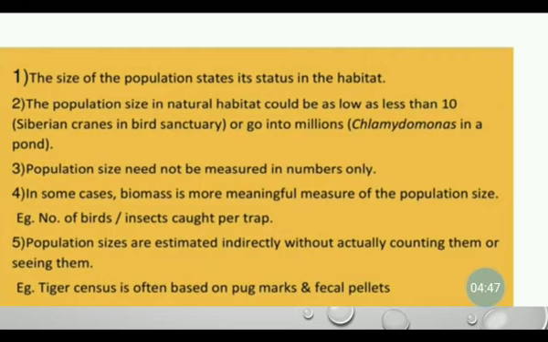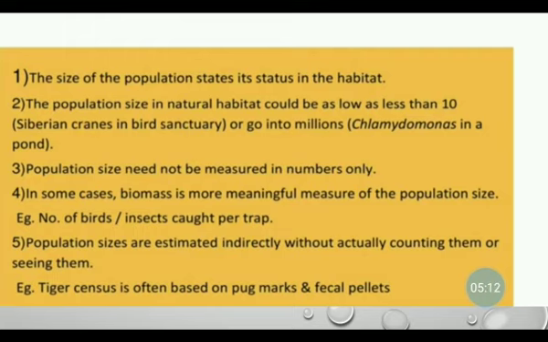The size of the population states its status in the habitat. The population size in a natural habitat could be as low as less than 10, like Siberian cranes in a bird sanctuary, or go into millions. Population size need not be measured in numbers only.